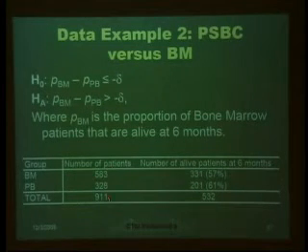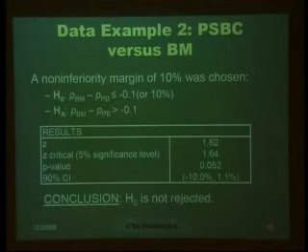So I had 911 patients. Here are the number of patients given bone marrow and PB. 57% of patients in this group were alive at 6 months, and 61% of the patients here were alive at 6 months. Here I chose delta equal to 10% or 0.1. So here are my hypotheses.